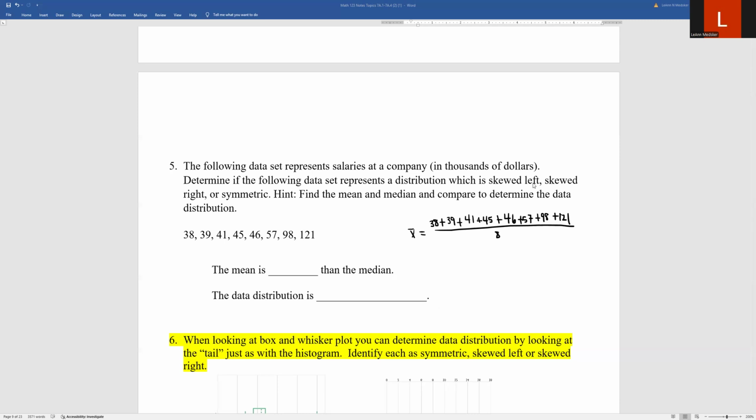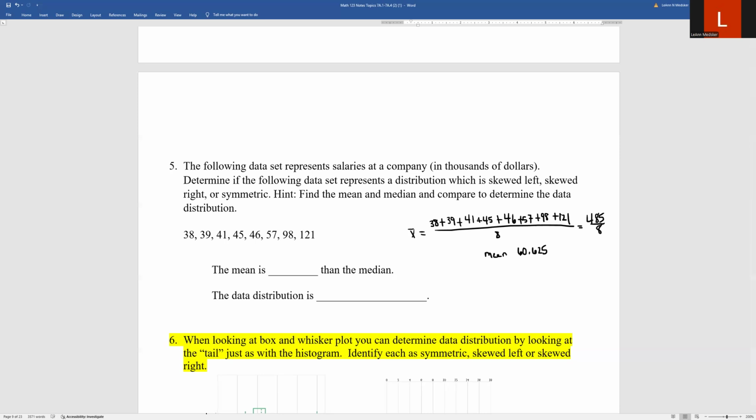That's 485 on top, divided by 8. I'm not going to round this, since they didn't tell us to. So I'm just going to write it out: it is 60.625. Okay, so that's our mean.